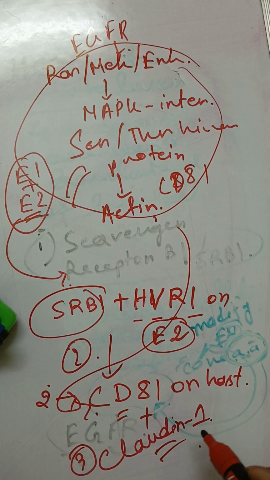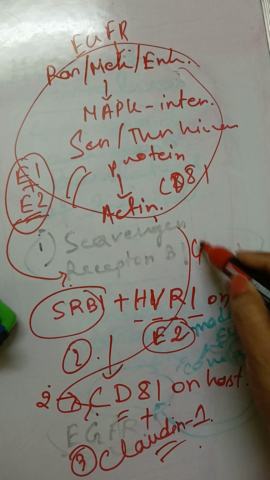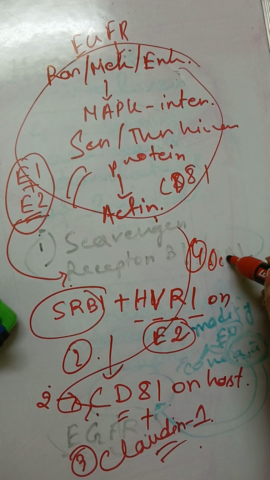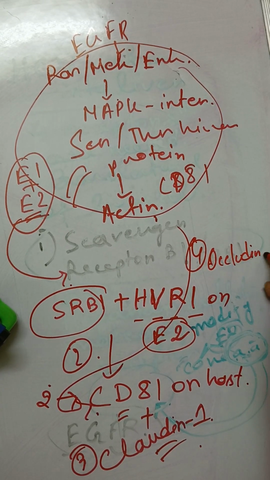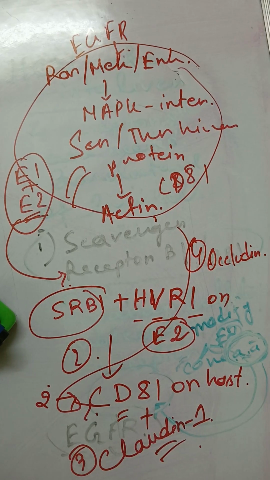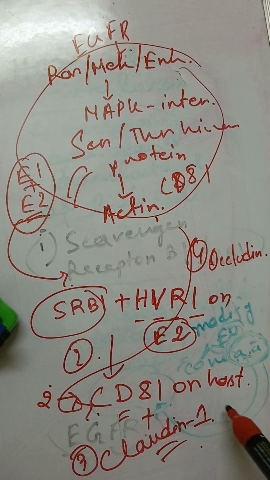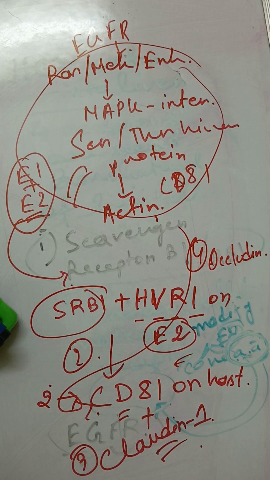And last but not least, the fourth receptor is known as occludin, which is also a tight junction receptor or tight junction protein. Okay, occludin finally binds to the E2, and this is the final step of the HCV entry inside the liver cell of the human host.